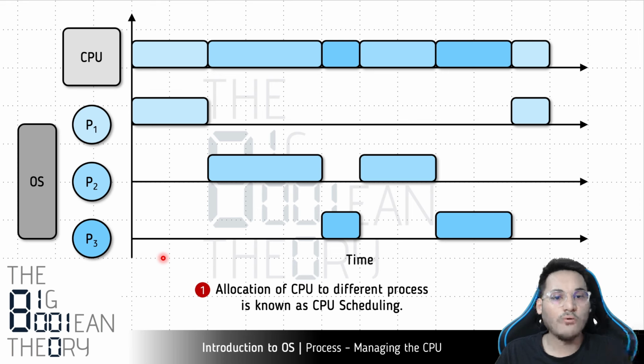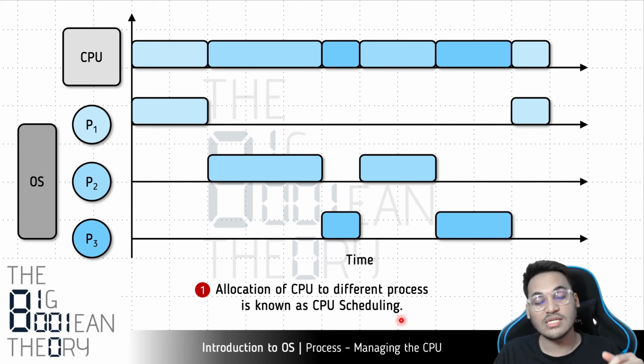The problem of allocating the CPU to the different processes in the system has been given a proper term, that is called CPU scheduling. Basically, in CPU scheduling, the role of the operating system is to select the next process that has to be assigned the CPU.